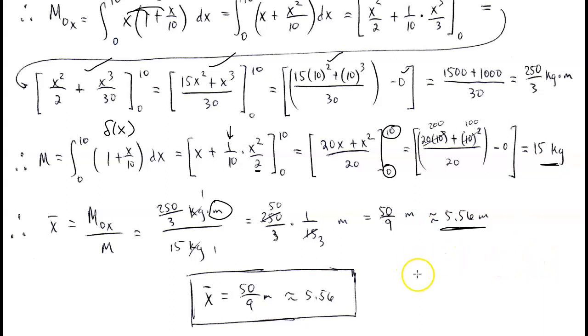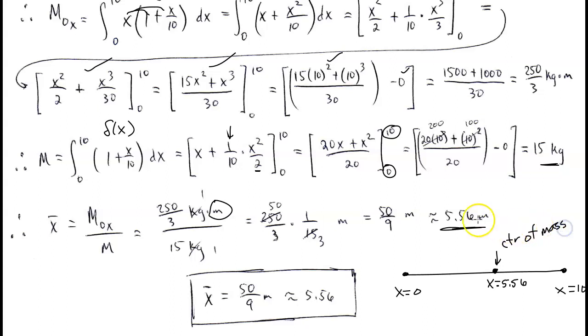So what that means here is that if we're looking at this rod from x equals 0 to x equals 10, then right around here, which would be x equals 5.56, this would be your center of mass.